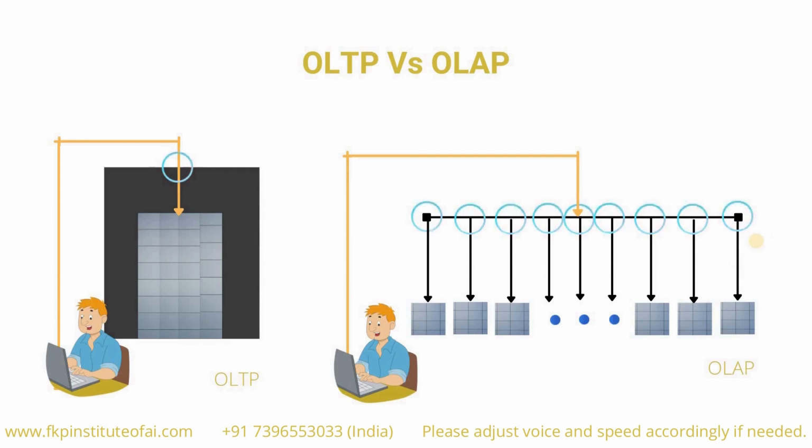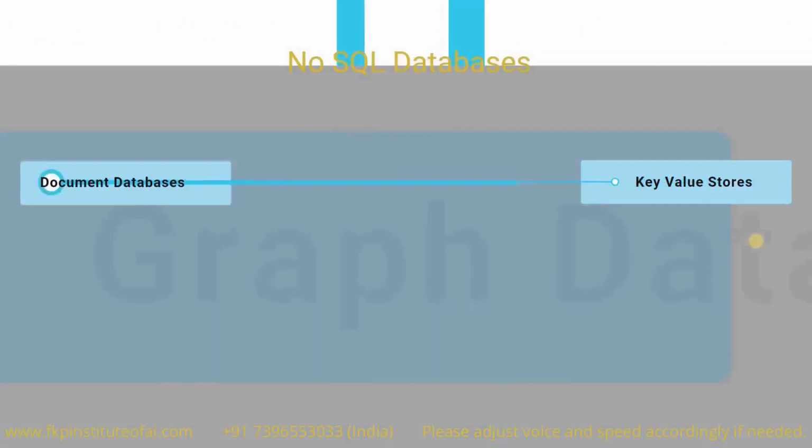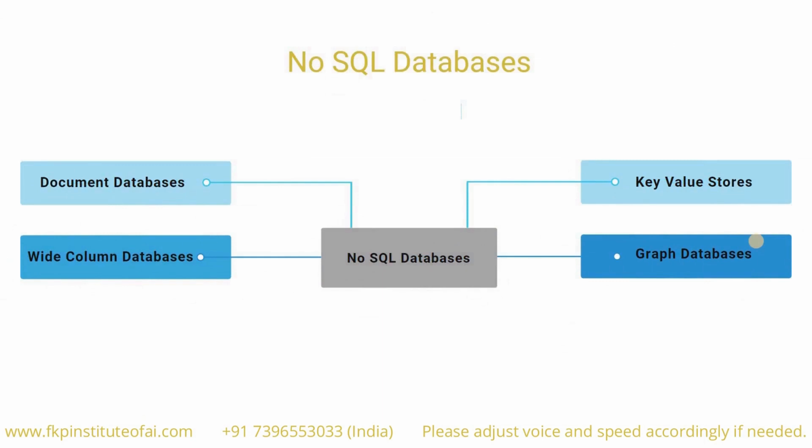Now let's look at the NoSQL databases. The main intention of NoSQL databases is storing the unstructured or semi-structured data which is coming at high speed from thousands, even millions of devices. For example, data that belongs to web logs or click streams, social media, web analytics applications, for example, Google Analytics.